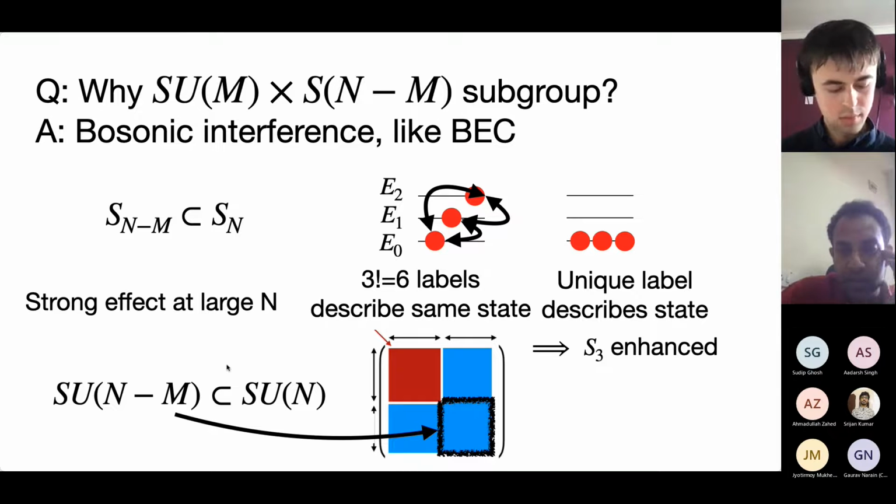In the case of SU(N), like you were saying before, it's a gauge theory, so it's not so clear whether temperature can... Well, I think you can think of this S_N as a gauge symmetry because it's related to the particles being identical. If you take an ensemble of bosons, then there's a redundancy in the labels, and it's this redundancy in the labels which I'm referring to as a gauge symmetry here. I see. Okay, thank you.